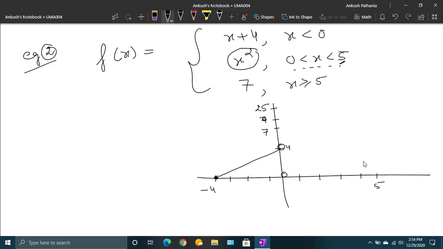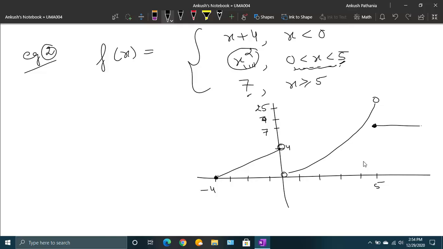So this is y equals x squared for 0 to 5. It will be curved like this, and then for x greater than or equal to 5 it is 7. The 7 is somewhere here, so it goes like this.